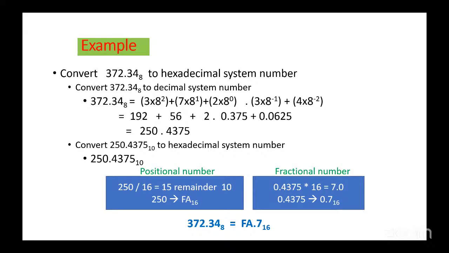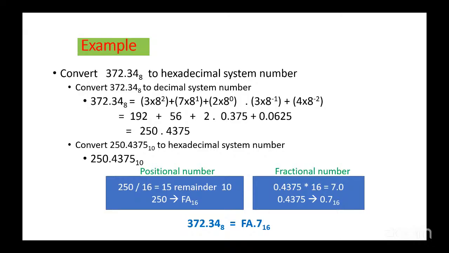Example: 372.34, a base 8 octal number. If you want to convert it into hexadecimal, octal to hexa, what do you want to do? Before the fractional point, 372: 2 is 8 power 0, 7 is 8 power 1, 3 is 8 square.